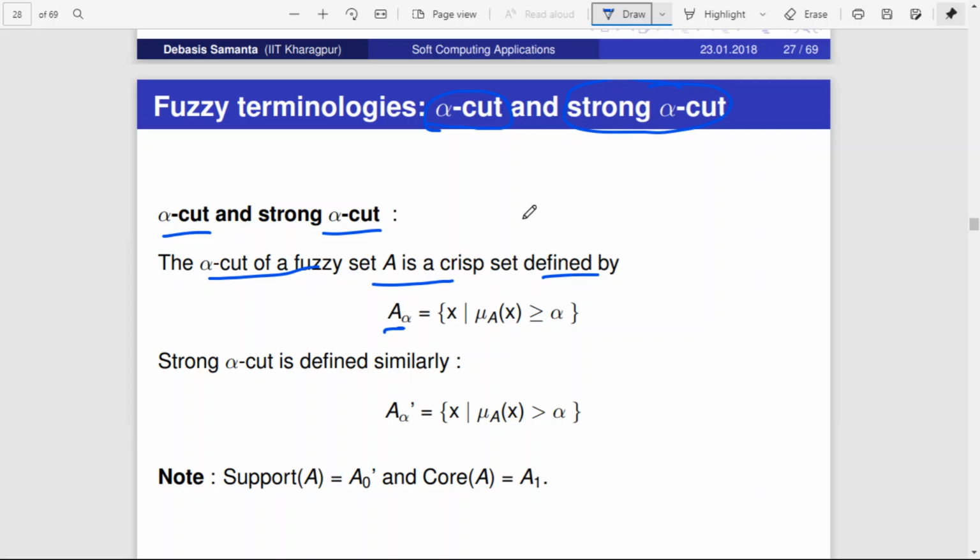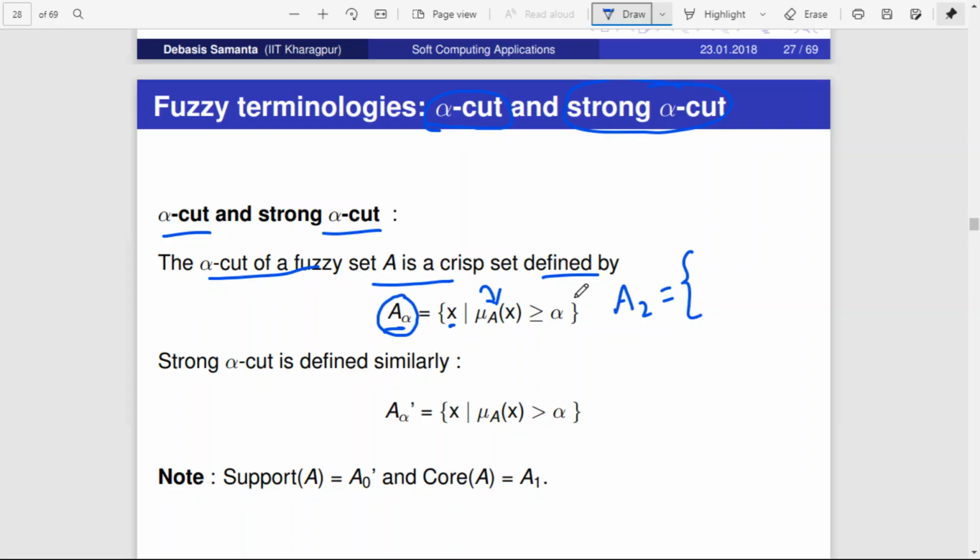Say for example you already have a fuzzy set with different values for the membership function. Alpha cut means A alpha is equal to x such that when you apply x to the membership function, you take only those values which result in a value greater than or equal to alpha. For example, A2 means we take only those x which produce a value greater than or equal to 2.